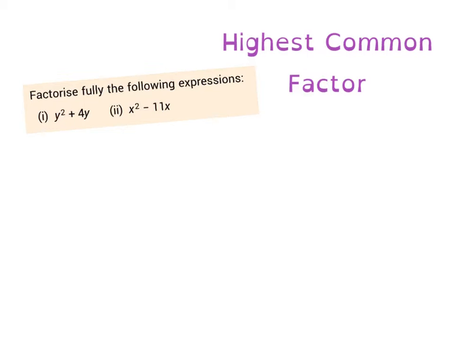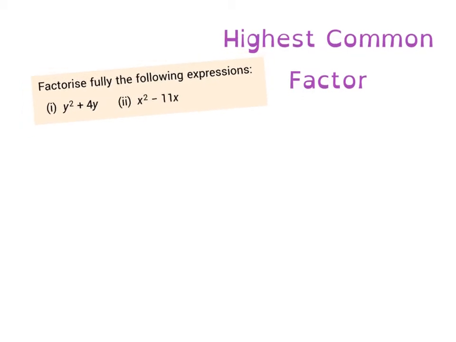So for part 1, we're asked to find the highest common factor of y squared plus 4y. And straight away, we know what's common. We're looking for something that's common between these 2 terms, which we know is y, because we have a y on this side and a y on this side.